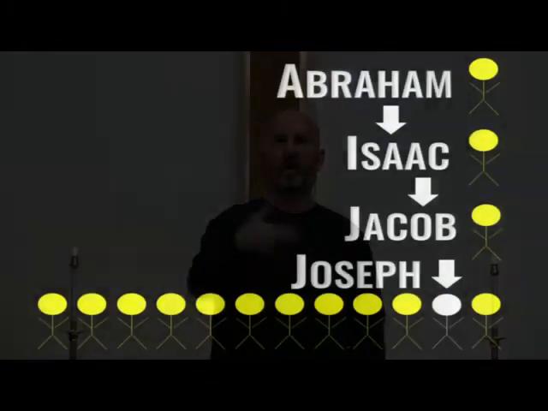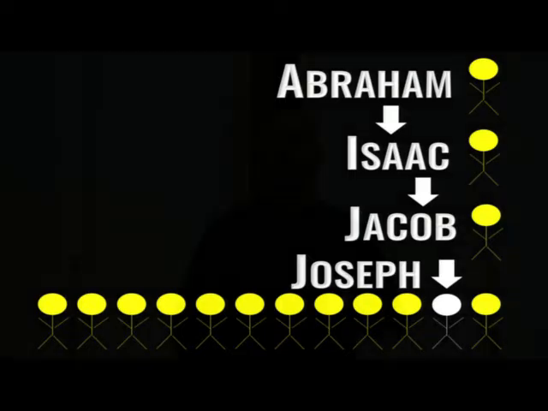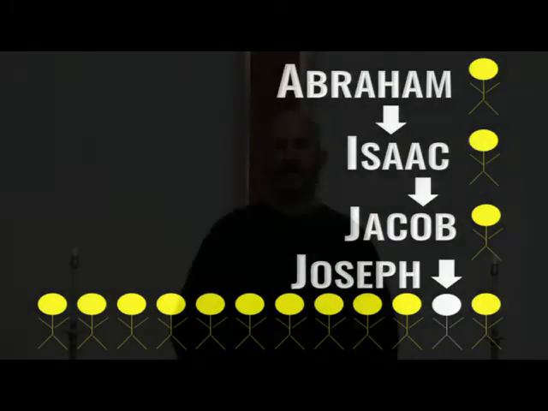And Jacob also is known by another name, Israel. And Jacob, or Israel, has 12 sons who would become the 12 tribes of Israel. In genealogical order, or in birth order, Joseph was the 11th son of Jacob. But in relationship to favoritism, Joseph was first in order for Jacob.